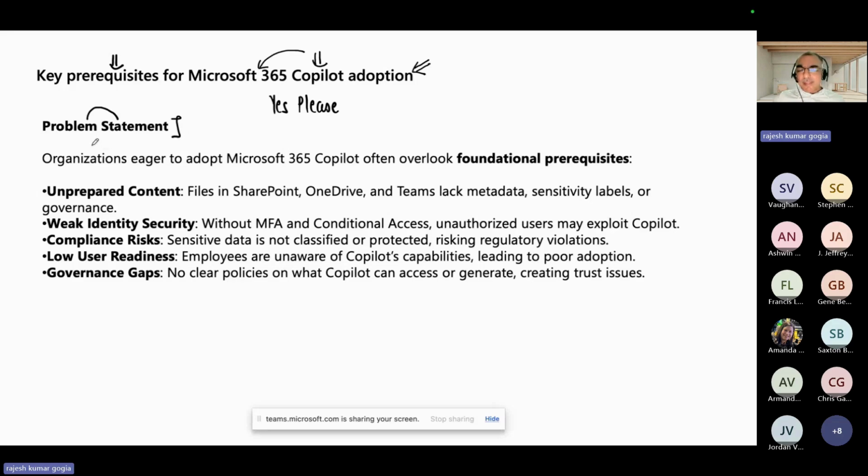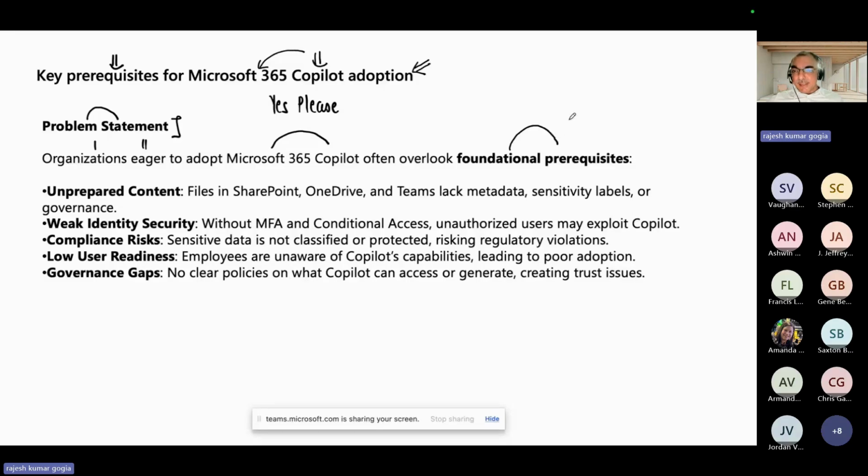See what happens. Every organization is very eager. Yes, they are. That is very true. Now these days, every organization is very eager to adopt what? Copilot. So when we talk about Copilot, and yes, eager to adopt, they often overlook the foundational.